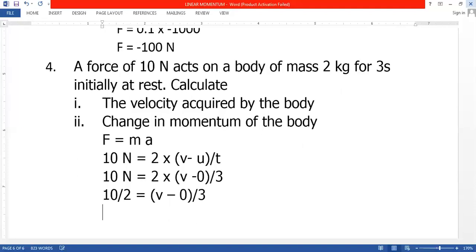Okay. So this 3 will go in multiplication. So 10 upon 2 becomes 5 and into 3 is equal to V minus 0. Yes. So 5 3s are 15. 15 is equal to V minus 0 will be V only, na?